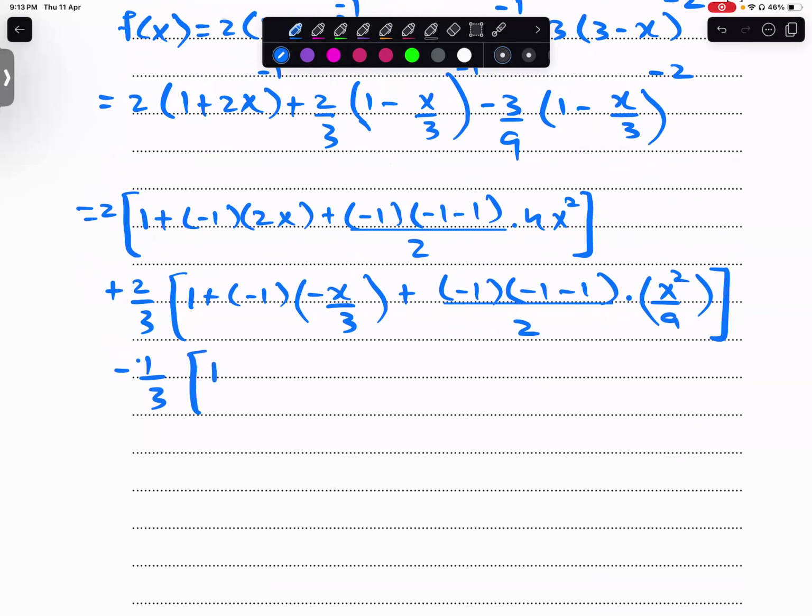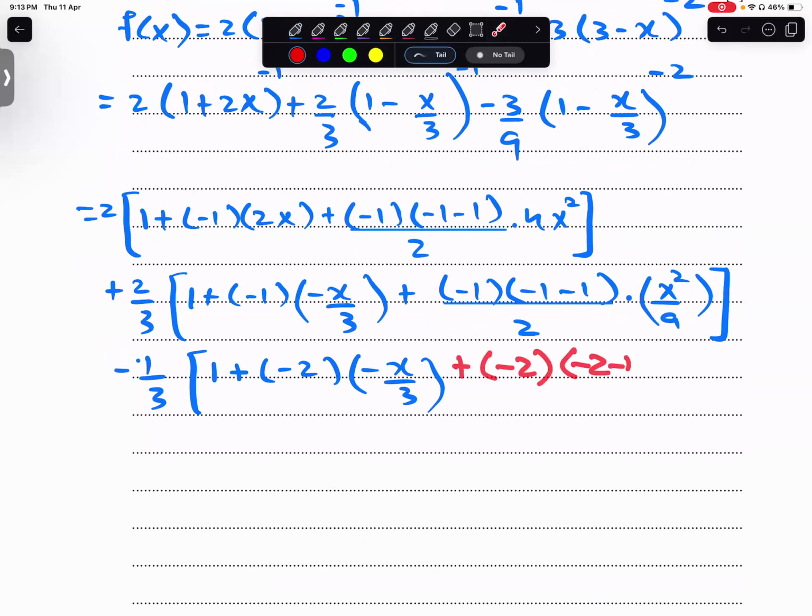Then plus minus 3 over 9 is actually 1 over 3. So (1 plus n times x. But if you write minus 2 times minus 2 minus 1 over 2 factorial into x, plus minus 2 into minus 2 minus 1 over 2 factorial into x square.